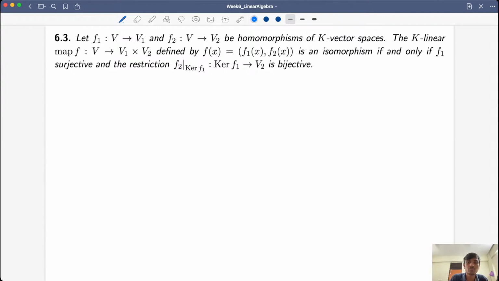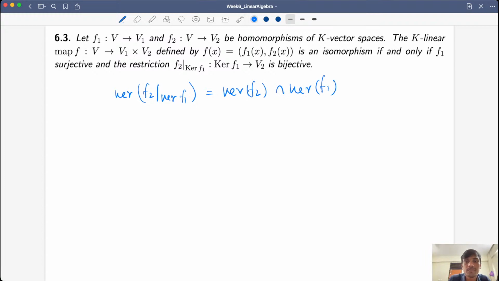To show this is bijective I need to show that it is injective and surjective. For injectivity I need to show that the kernel of f2 restricted to the kernel of f1 is 0. Let me show that the kernel of f2 restricted to kernel f1 is nothing but the kernel of f2 intersection with the kernel of f1, that's it.